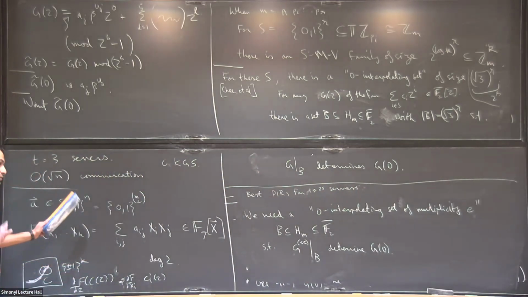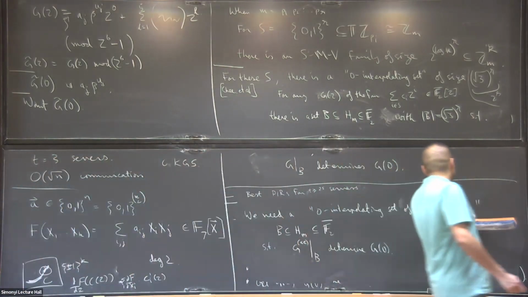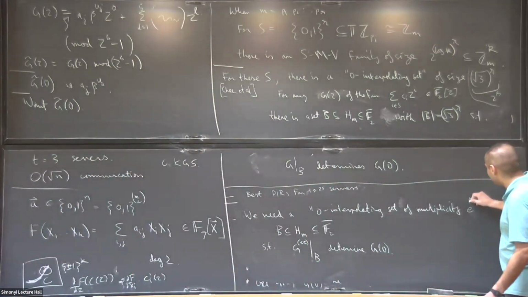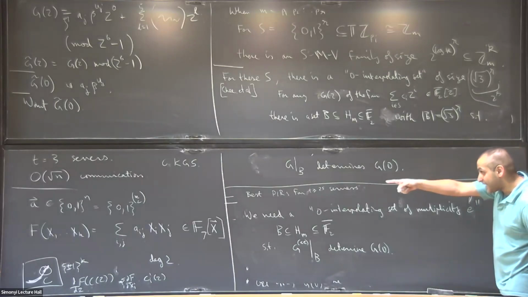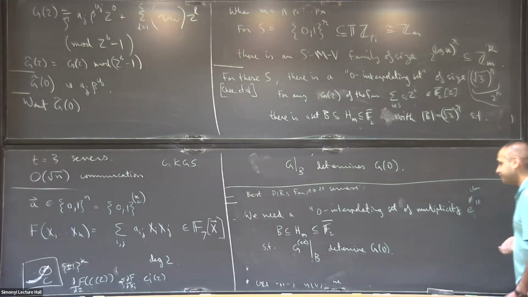Okay, so this is the object that we need, and the E that we will have available to us will be the analog of 3 over there, which is the characteristic of the field.